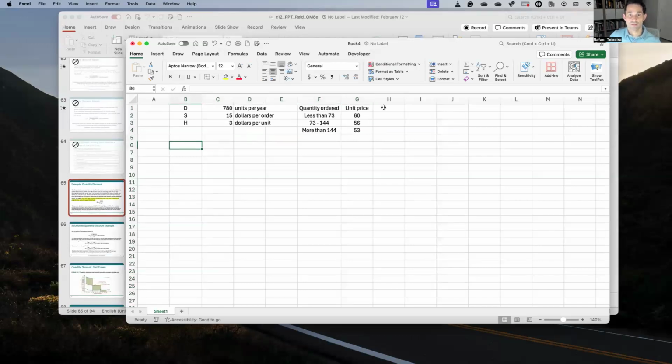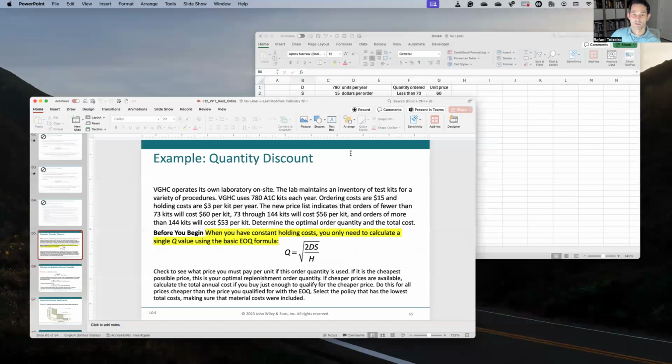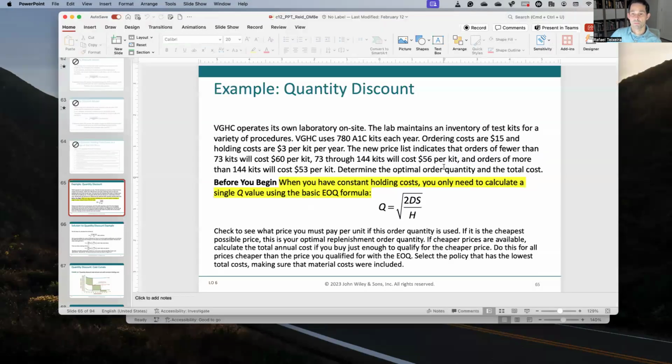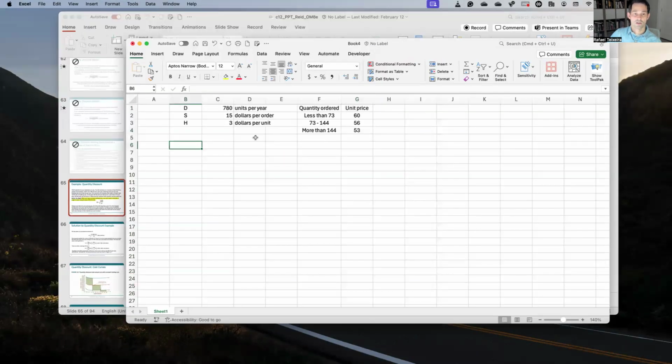Okay. So there is some incentive to buy more, right? Should the company buy more? What should the company do? In this case, determine the optimal order quantity and the total cost. For this type of problem, we start by solving the optimal order quantity as we did before.